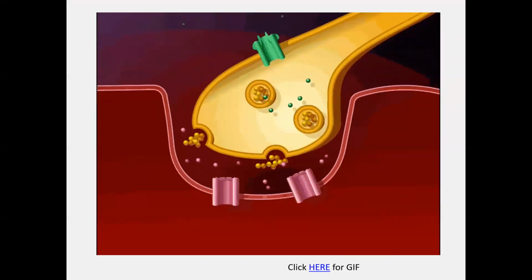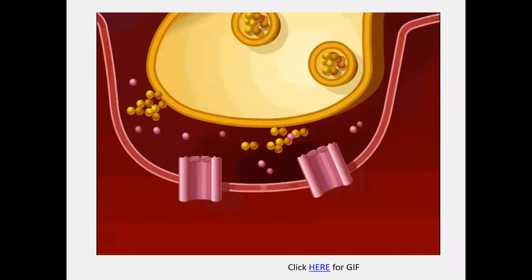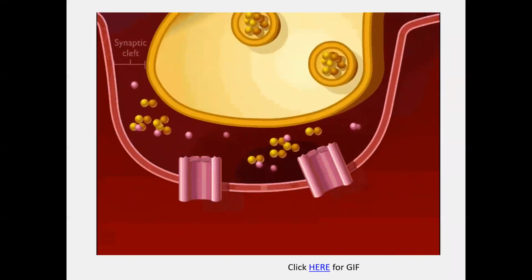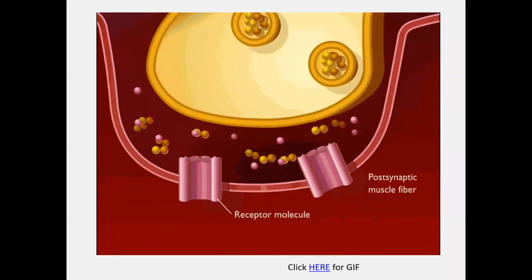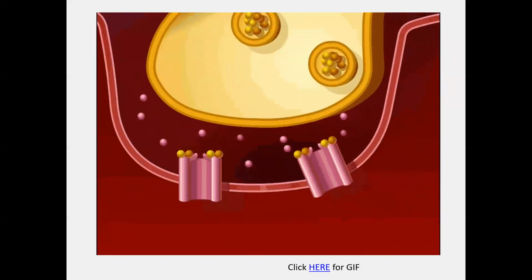It's a very common one, a very important one in nursing. The acetylcholine neurotransmitter binds to this ion channel right here, and when it binds, it opens up the channel. And then sodium, which is outside the cell, comes flooding in.